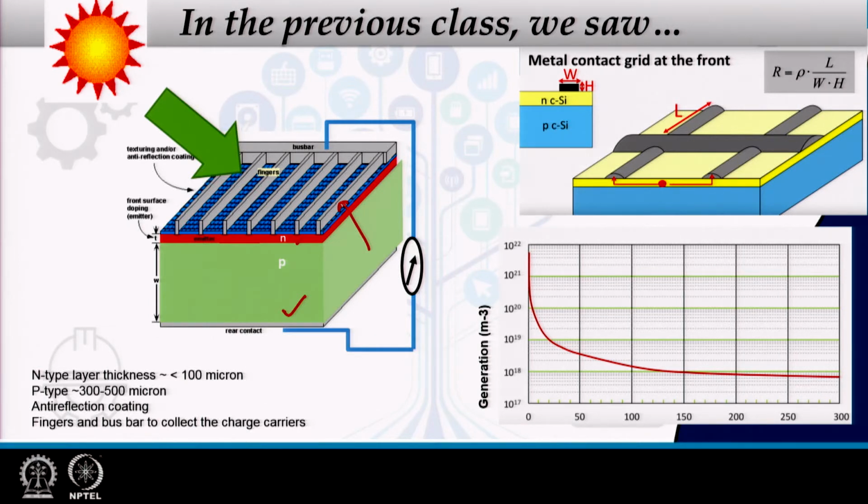We have also talked about the process by which you can calculate the resistance of the whole surface or the layer which you are coating on top of it, which is of a conductive nature. And depending upon the thickness of the layer, you will have the generation of charge carriers.